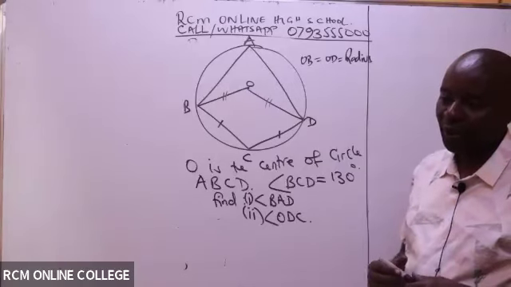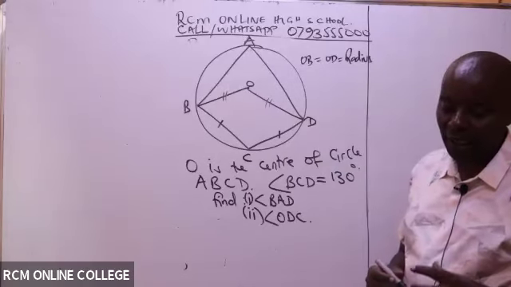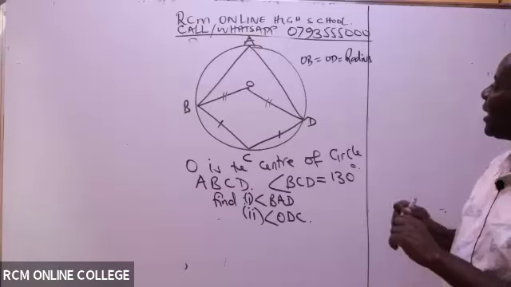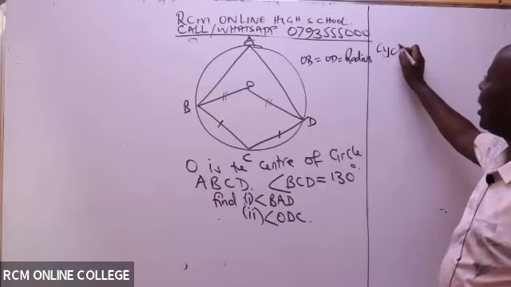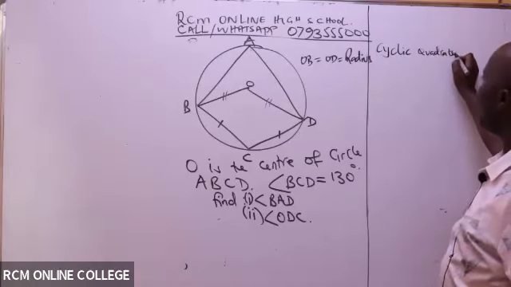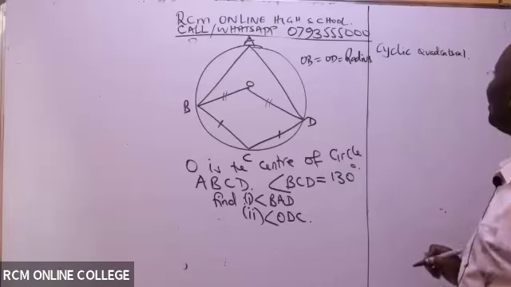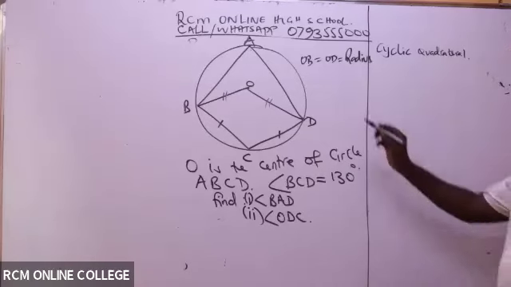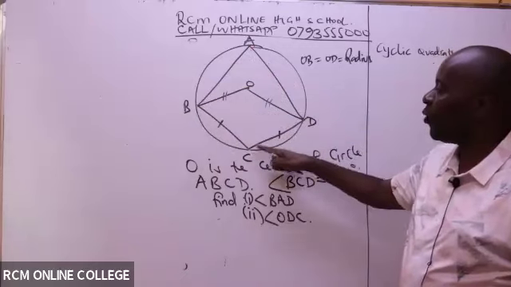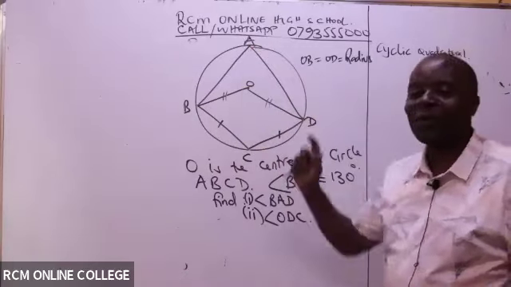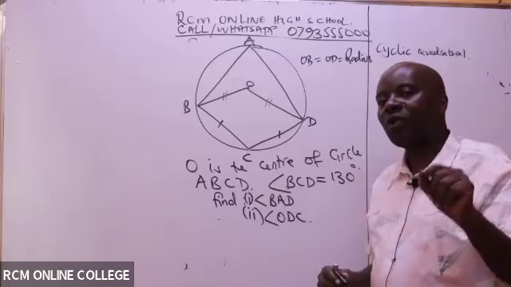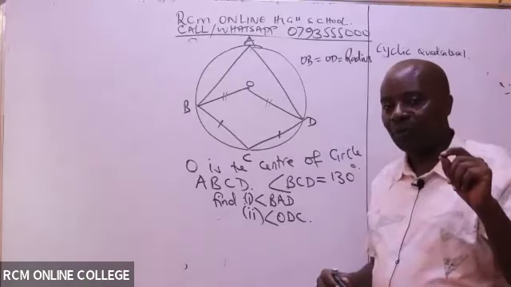And then, ladies and gentlemen, remember this is a very important quadrilateral, which is cyclic. It's a cyclic quadrilateral. You can see it is a quadrilateral that has got 4 angles, and all the 4 angles are touching the circumference of our circle.